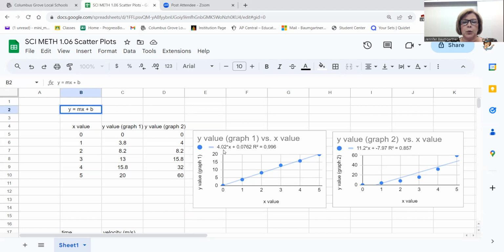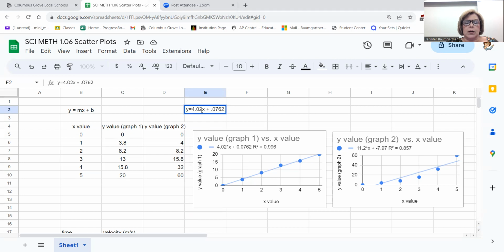So where it says 4.02x plus 0.0762, what that equation is saying is that y equals 4.02x plus 0.0762. So what that's saying is the formula for the slope of this line.